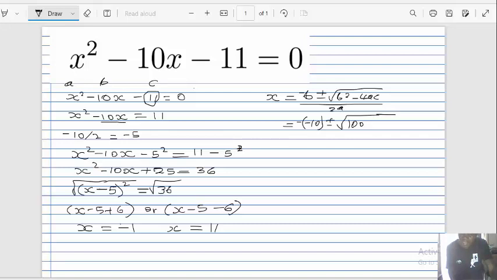Your a will be 1 and your c will be negative 11. Therefore, the sign here should be positive, right? So let's say you have your 4 times 11. It's going to give us 44, right? So it's minus minus, so plus 44. It's looking good so far. All over 2a. The a is positive, so all over 2.